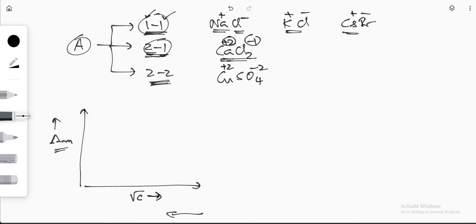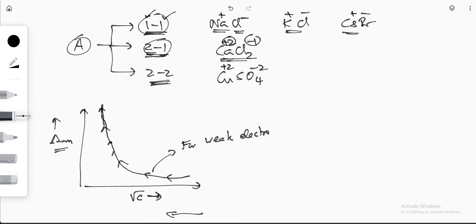But for a weak electrolyte, we never get a straight line. Instead, we get a curve like this. On dilution, molar conductance increases, and after a particular dilution, the curve goes almost parallel to the y-axis. You'll never get a straight line. So this is the case for a weak electrolyte.